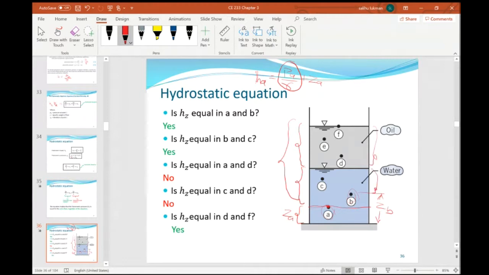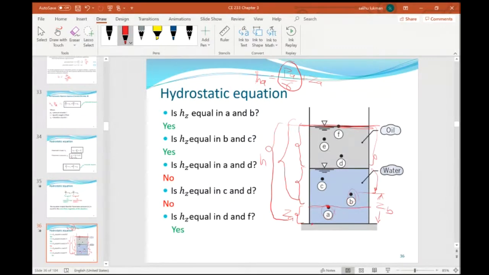When you add this up, they will still give you this level, and that is the piezometric head. The piezometric head here, H, is the total height from the bottom to the top. So whether you are considering point A or point B, it remains the same.